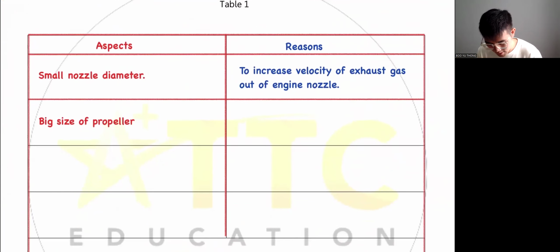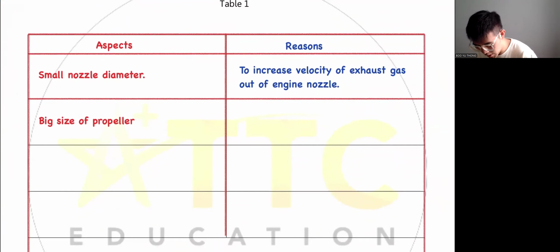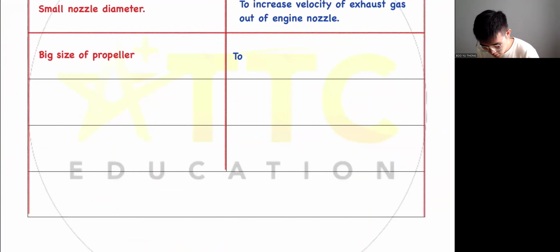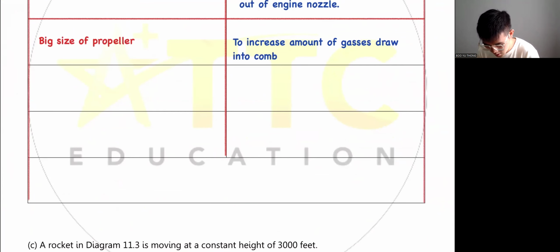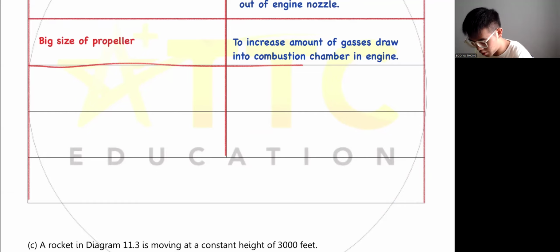So big size of propeller because we want to increase the amount of gas drawn into the combustion chamber in the engine, right? Because the combustion chamber is in the engine. After you finish, then again, like I said, only then do you draw the horizontal line.